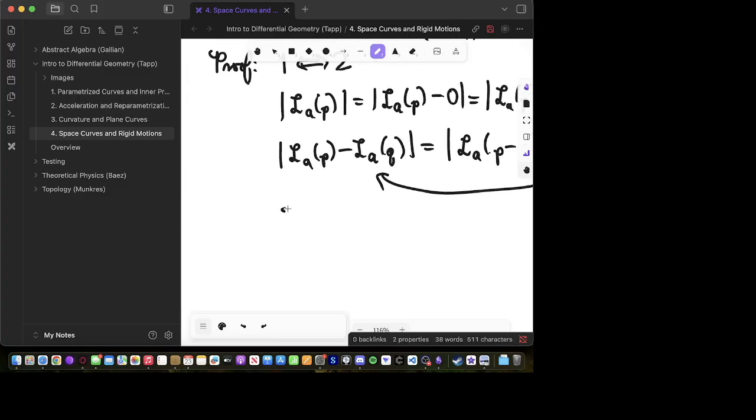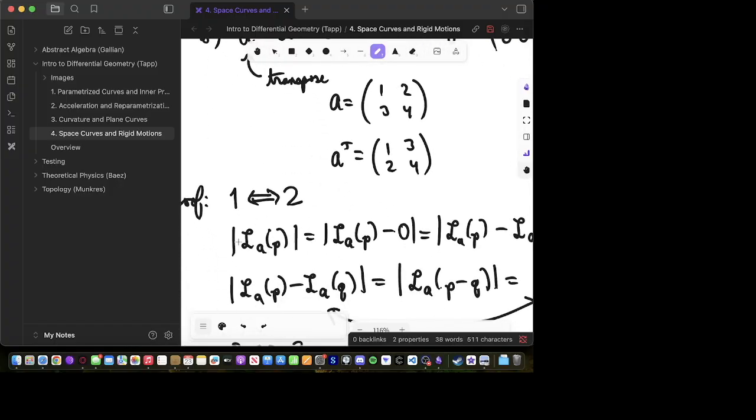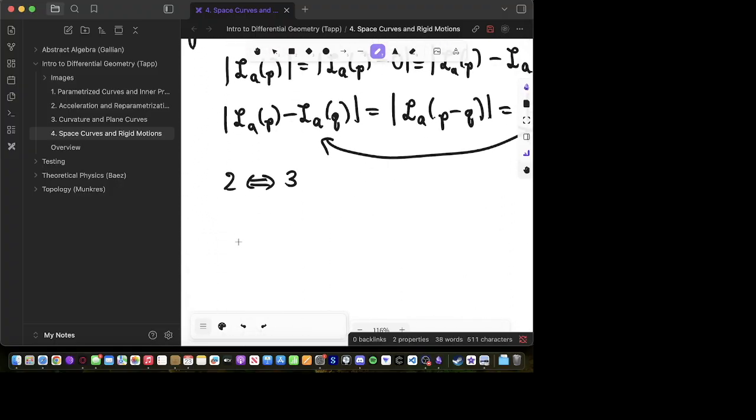Okay, now let's prove 2 is equivalent to 3. So let's assume 3 is true. So we have this. Then we can calculate the norm.